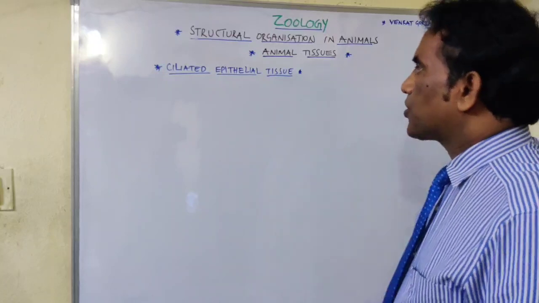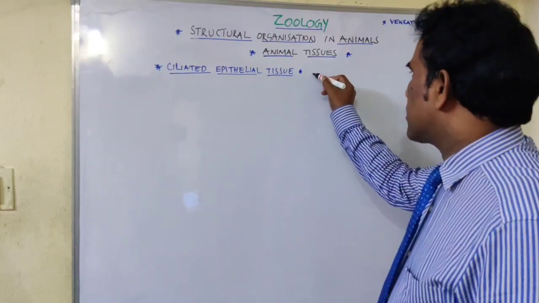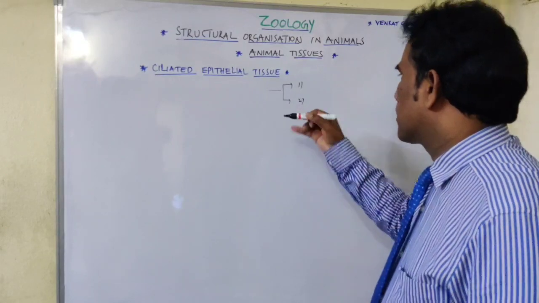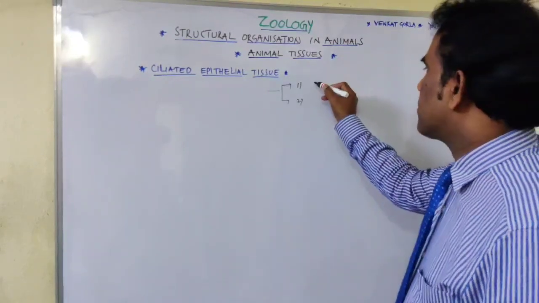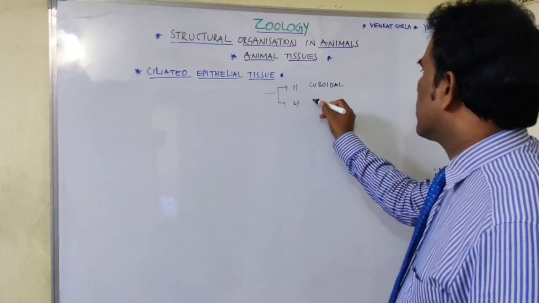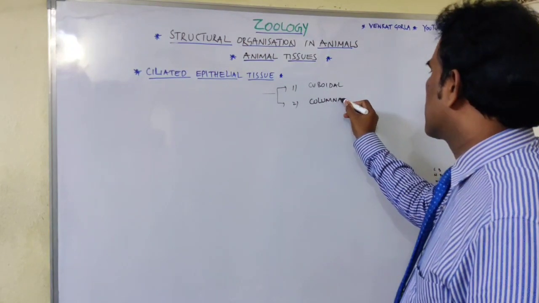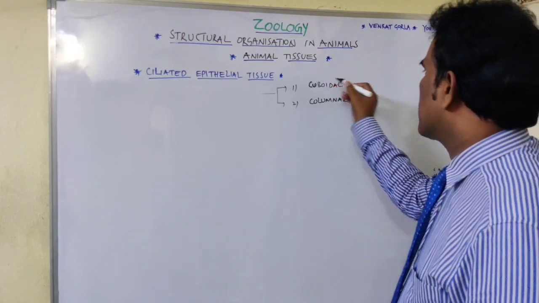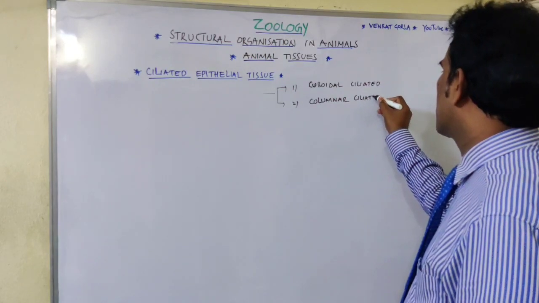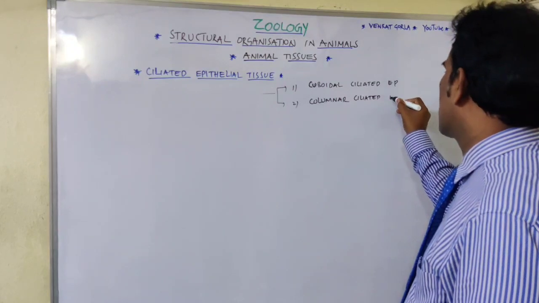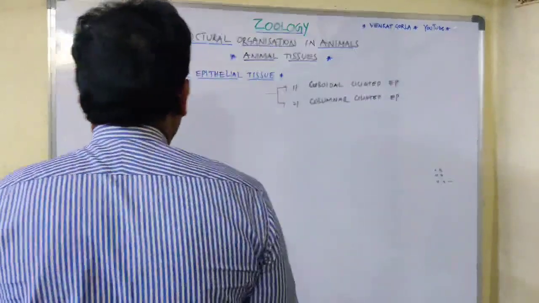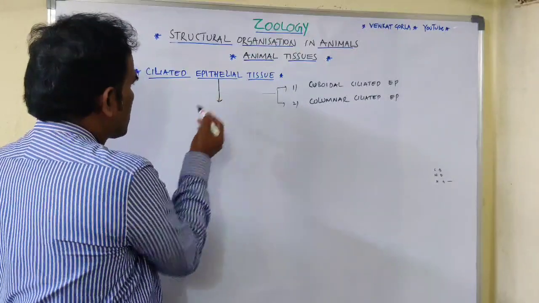Ciliated epithelial tissue is of two types: cuboidal ciliated epithelium and columnar ciliated epithelium.